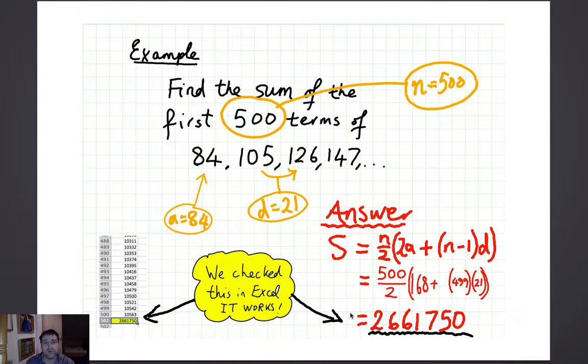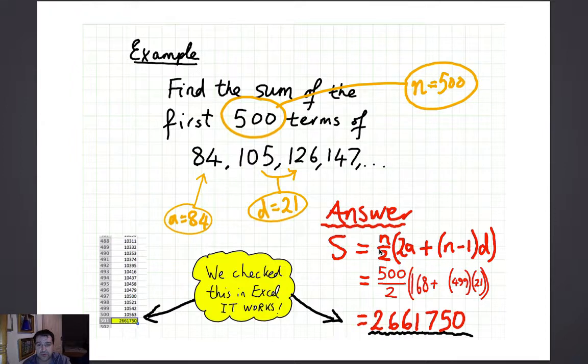So, example: find the sum of the first 500 terms of this sequence. We did that in class. So n is 500 terms. The first term, a, is 84. The common difference is 21, so d equals 21 because you're adding on 21 both times. So we don't know what the 500th term is, but that doesn't matter because we can just stick it into this formula.